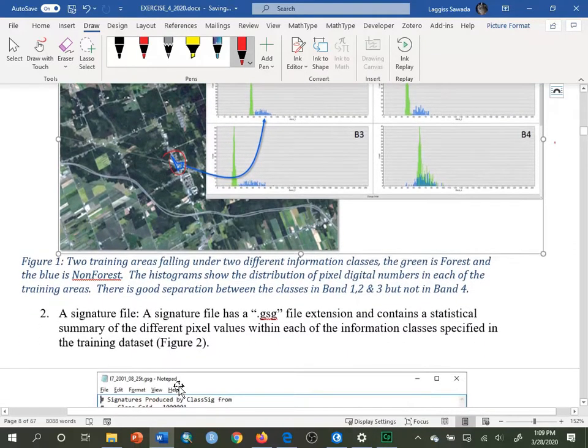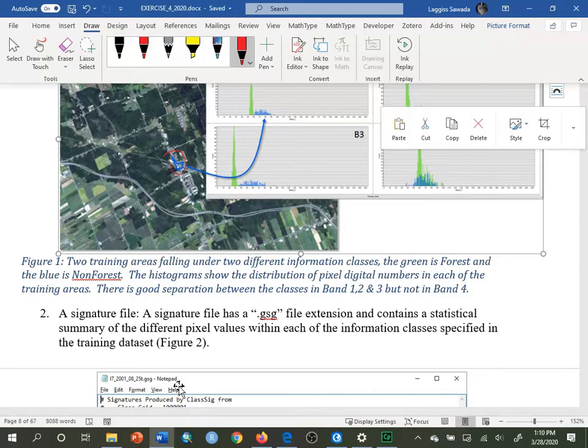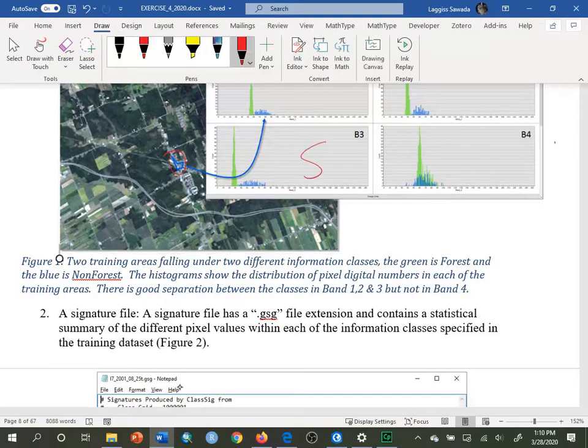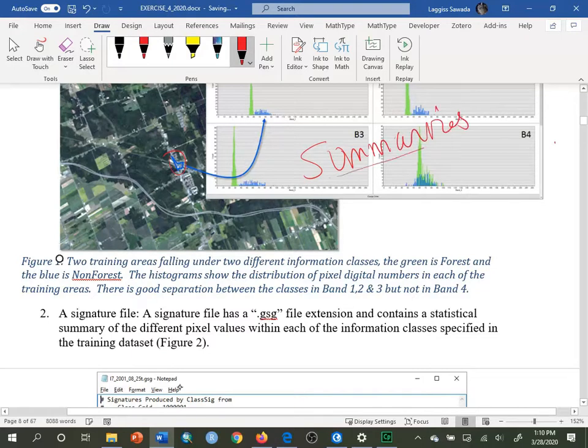Now, once we have many examples of polygons that represent forest and non-forest, ArcGIS can create what's called a signature file, which summarizes the responses of pixels in the multispectral bands.